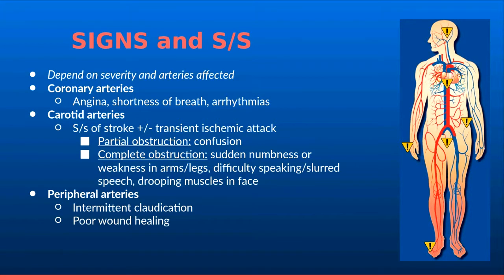If there is partial obstruction, the patient can experience confusion. If the obstruction is complete, the patient can experience sudden numbness or weakness in the arms or legs, difficulty speaking, slurred speech, and drooping muscles in the face. Arteriosclerosis can also affect the peripheral arteries, causing intermittent claudication or poor wound healing.